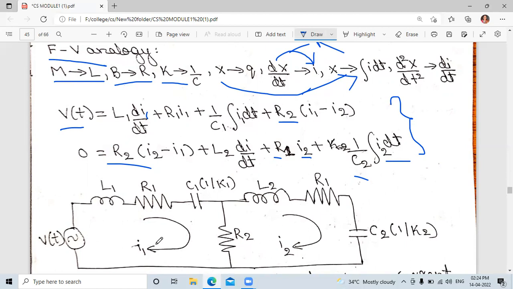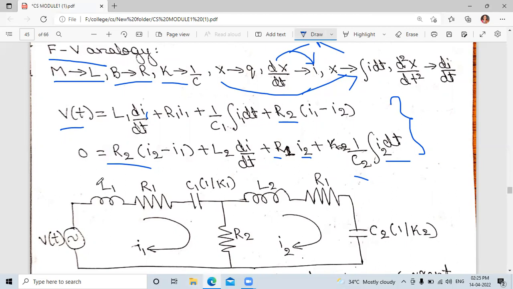So when you write the I1 equation, V of t, L1, R1 and C1, R2 is considered, and we will write I1 minus I2. When you write the equation for loop 2, we will write I2 minus I1 for R2, right? So this is a loop analysis.